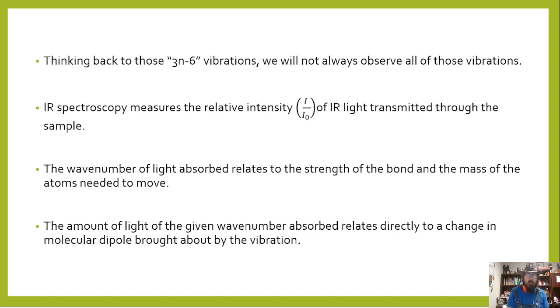Take, for example, the linear molecule carbon dioxide. Carbon dioxide is a non-polar molecule, just because the C double bond O is directly opposite of another C double bond O. If the atoms stretch apart, the net effect is this CO bond and this CO bond are still equally far apart from the center carbon, so no net dipole changes.